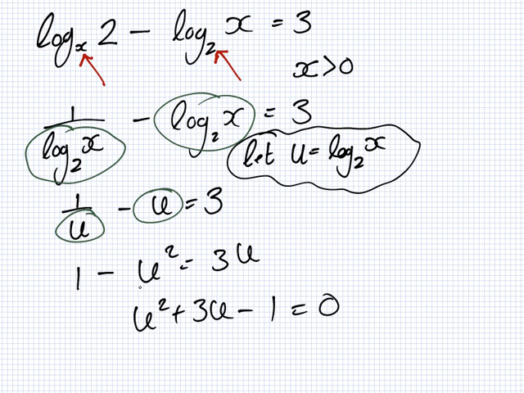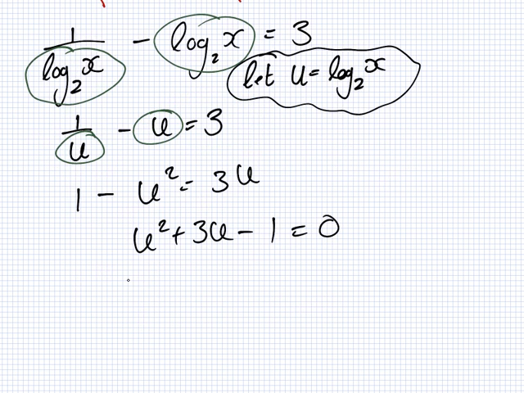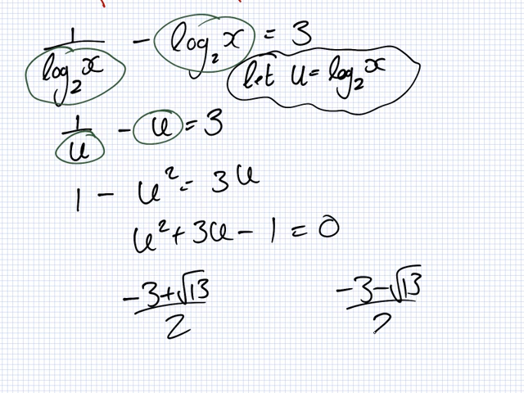Now, does this have factors? I don't think so. No, so we'll have to use the calculator here and the minus b formula. When we use the minus b formula, the first answer will be minus 3 plus root 13 over 2, and the second answer, of course, is minus 3 minus root 13 over 2, for u.